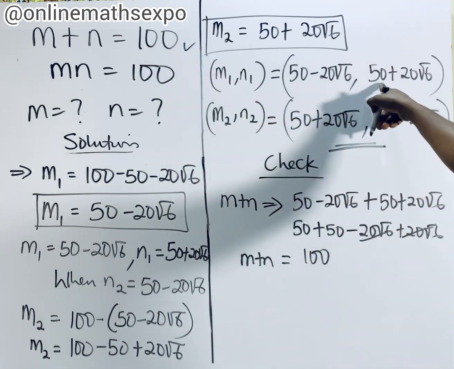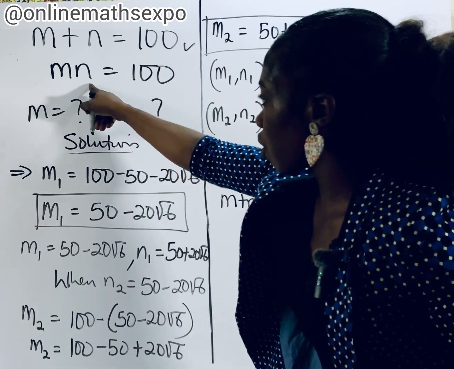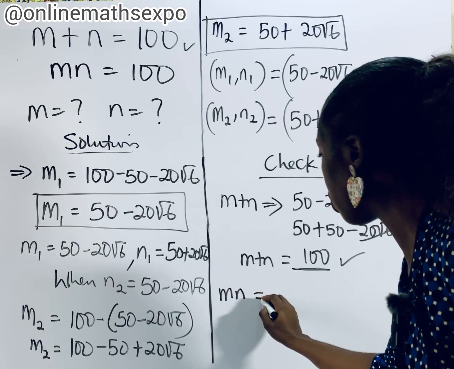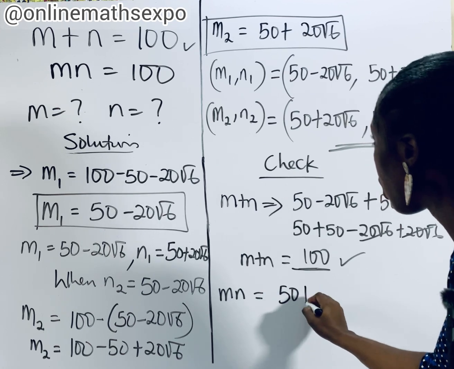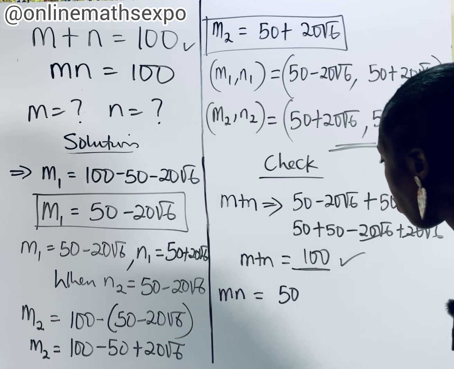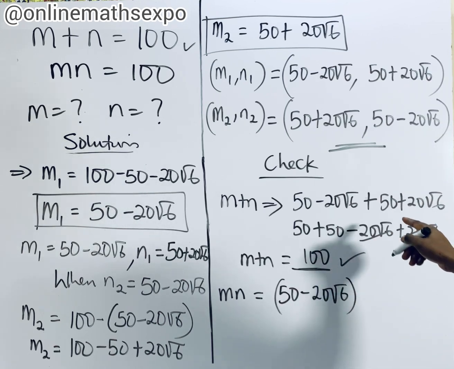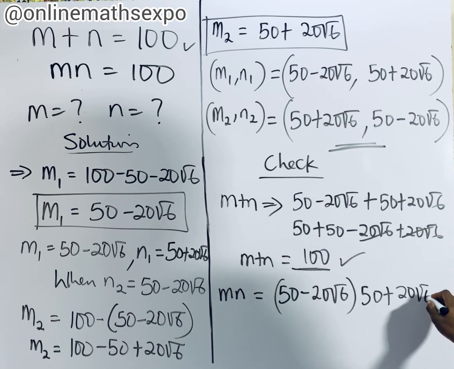So this is correct for addition. Now let's also do for the second equation. We're going to have mn, so we have 50 minus 20 root 6 to be multiplied with 50 plus 20 root 6.